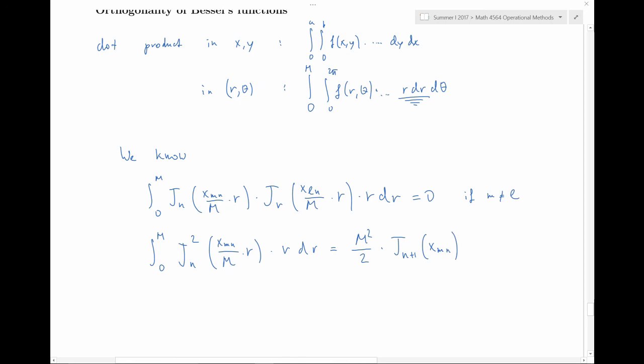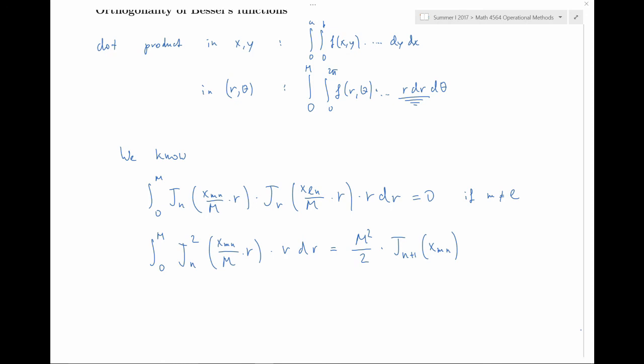Well, this function is not going to be 0 because here I was talking about the root of J_n. x_mn is not the root of J_(n+1), so this is going to be non-zero. So in order to compute all of the coefficients, I will have to project onto J_n multiplied by sine of n theta or cosine of n theta and do these weird polar integrals, and that's going to be quite a complicated thing to do.